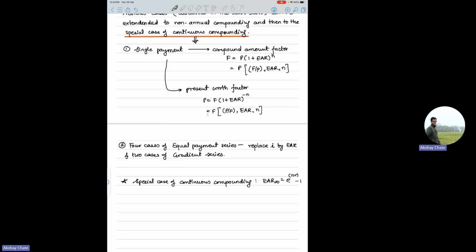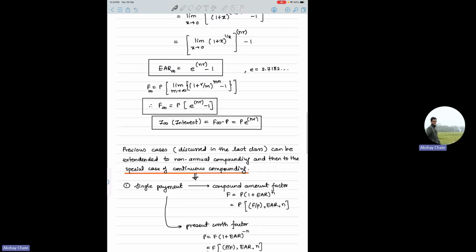Oh, e power R minus 1. Yeah, there is some mistake here. What is the mistake? 1 by R is 1 by X and R, right?